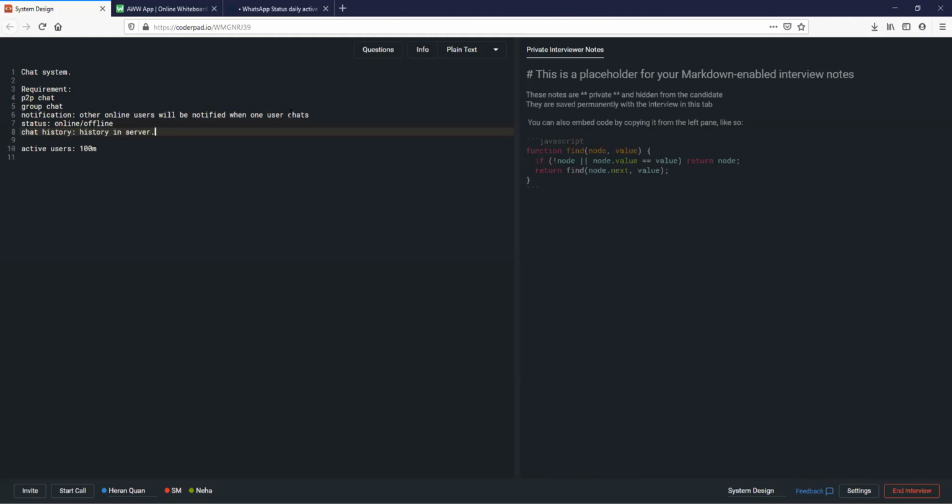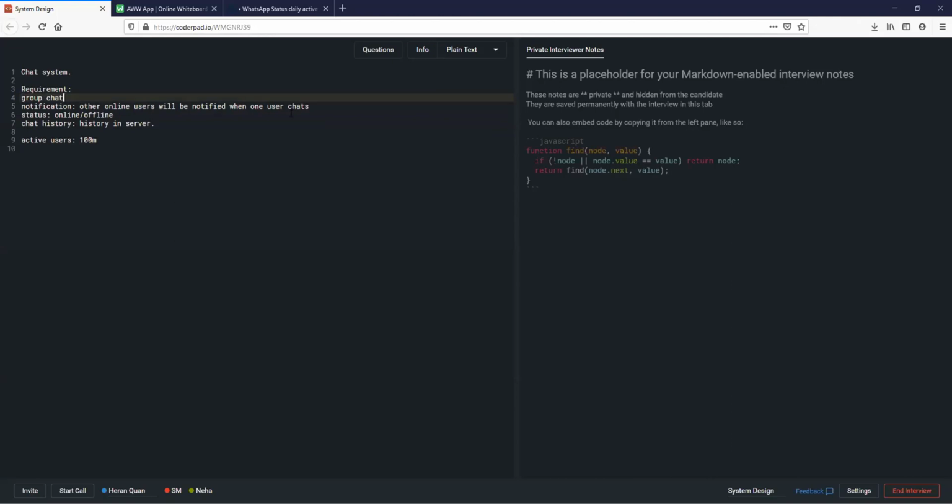In this way, we can merge the peer-to-peer chat and group chat together. Peer-to-peer chat will be a very special case, because there is one chat room, but there will be only two users. So this makes our design simpler.